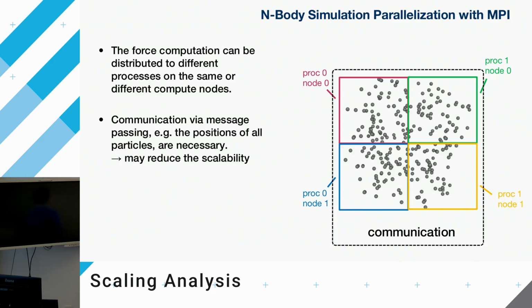And then let each process calculate the forces, the interactions, only for its part of those particles, and then do this work in parallel, and then summarize the result, and then move the particles to the next positions.